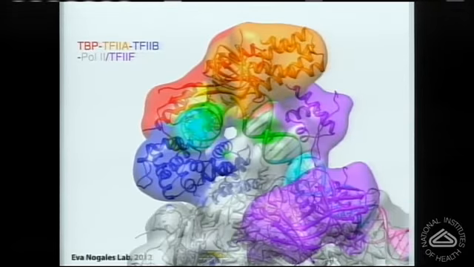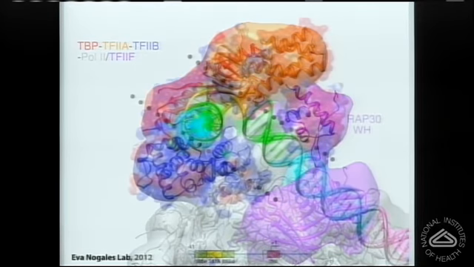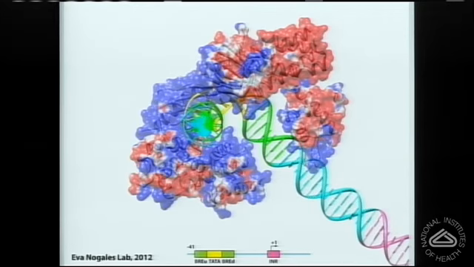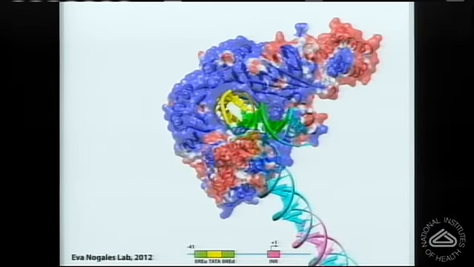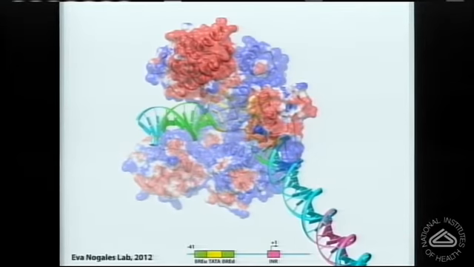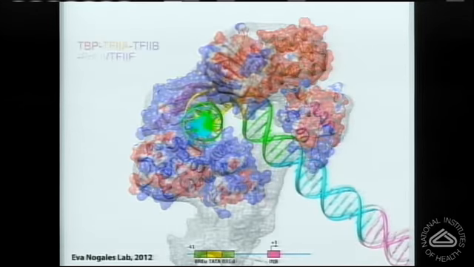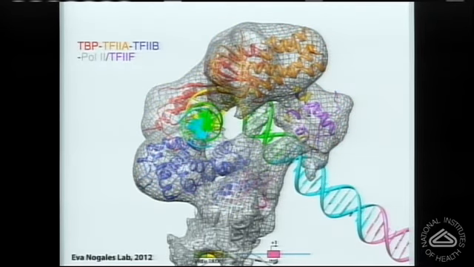So this WH domain is interacting with the DNA and basically completing a wrapping of the protein around this upstream DNA that looks very much like an inverse nucleosome, if you want, with the DNA in the middle and the protein around.